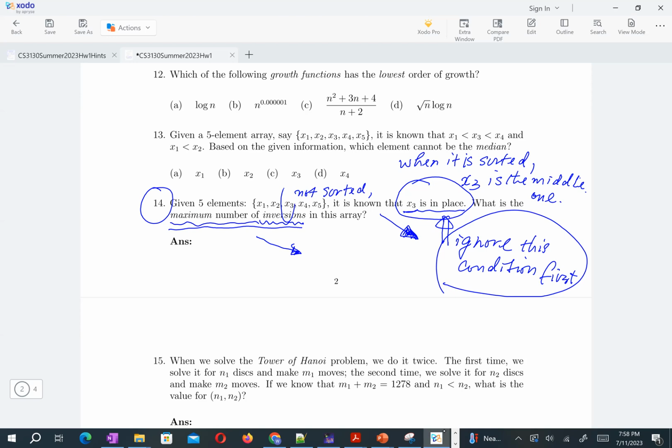After you get the maximum answer, put this condition back and see how much change you need to make. Think about the difference between before you remove this condition and after you add it back. After you do that, you should get the answer.